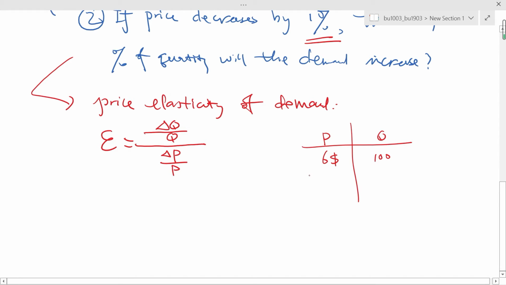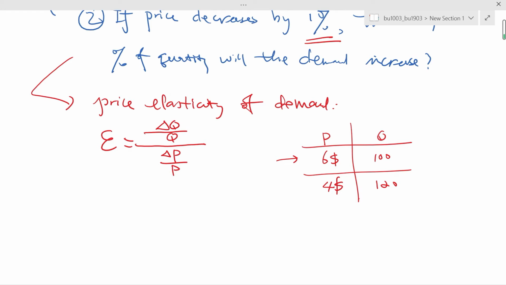So that's the beginning price and beginning quantity. If price decreases by $2, say $4 now, the quantity of demand increases by 20. So now the demand is 120 units.